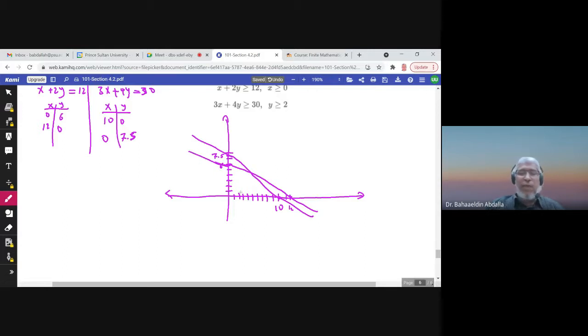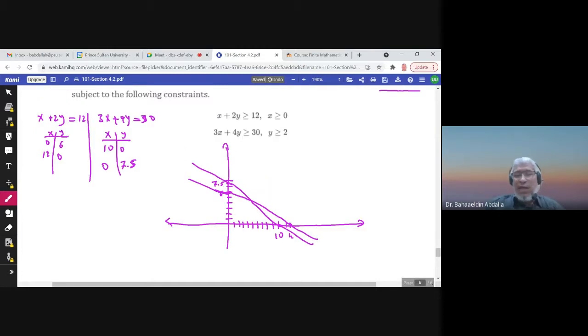Okay, and this x is greater than 0, and y is greater than 2. So this is the line y equals 2. So y is greater than 2, and x is greater than 0.